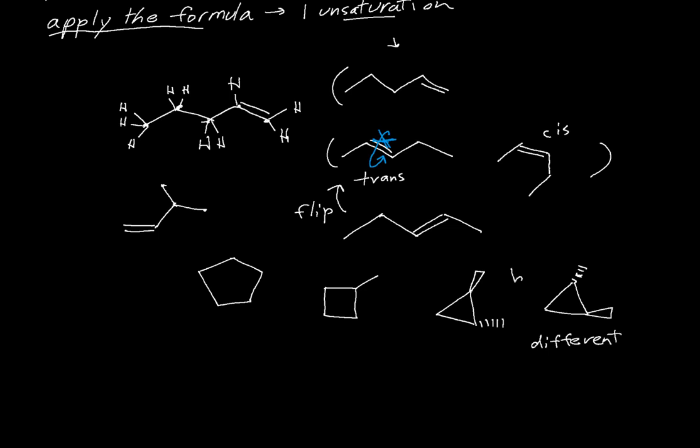So these are both trans. And then of course there's a cis version of this. So look at all the isomers. Even a very simple formula like C5H10 could mean a whole bunch of different compounds, which is pretty cool.